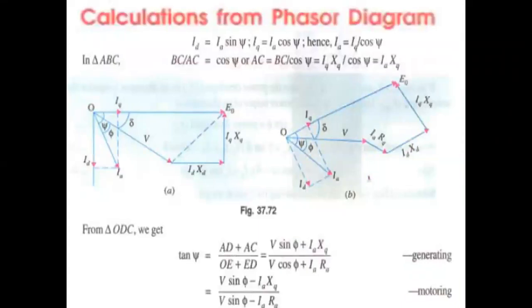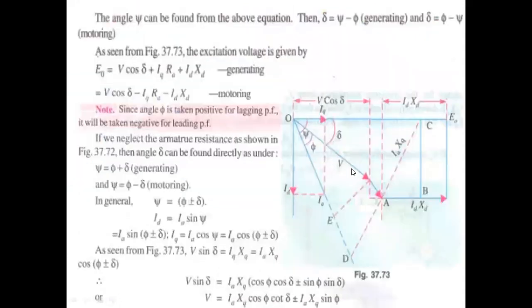And in the triangle ABC, BC by AC is nothing but cos phi.